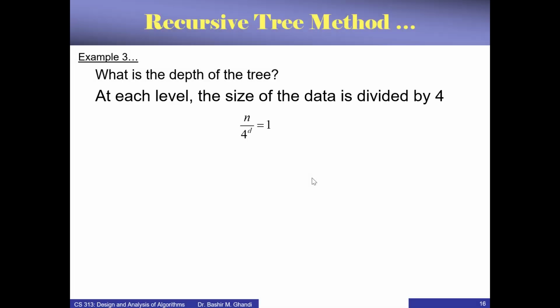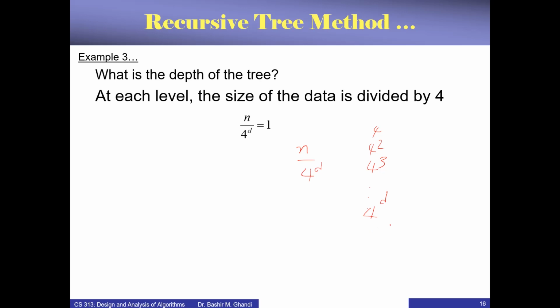So in summary, by the time we reach level d, each size will only be n/4^d, because we started by dividing by 4, then 4 squared, then 4 cubed, and by the time we reach d, it's going to be 4 to power d. This is how the input size is being divided.